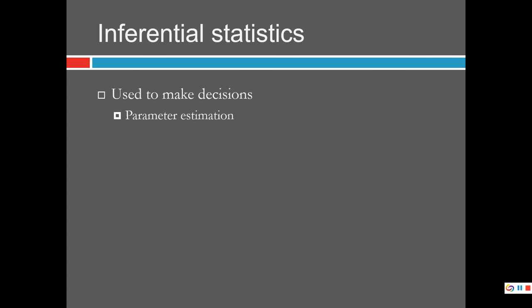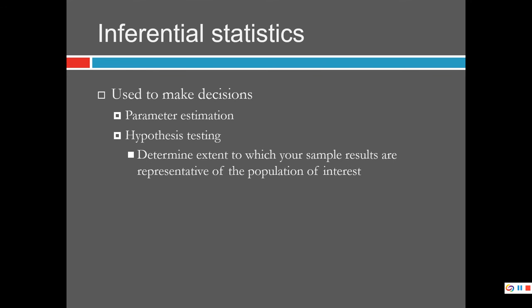Think about when people are doing polling ahead of an election, and they're saying that 40% of people support this policy or this candidate with a sampling error of plus or minus 3. They're making a parameter estimation about the base level of support for that person or thing and telling you that there's some level of slippage in that estimation.